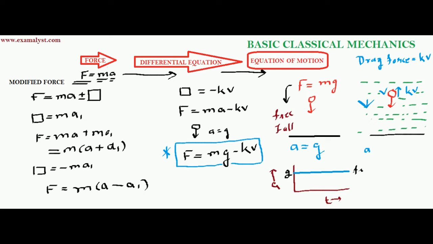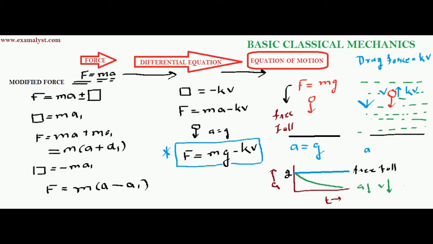So under free fall, the acceleration is constant, and that value of the acceleration is g. But when you make the ball fall inside the water, you see with time the acceleration goes on decreasing. And since the acceleration goes on decreasing, it means the velocity of the ball goes on decreasing.